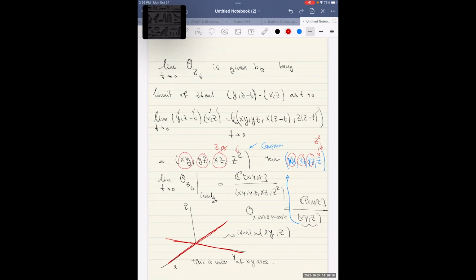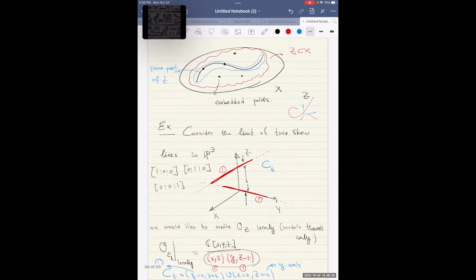So as you can see, it seems that algebraic geometry suggests that there is a big difference between the union of the x and y axes and the result of deformation of the two askew branches of this curve as t goes to 0.